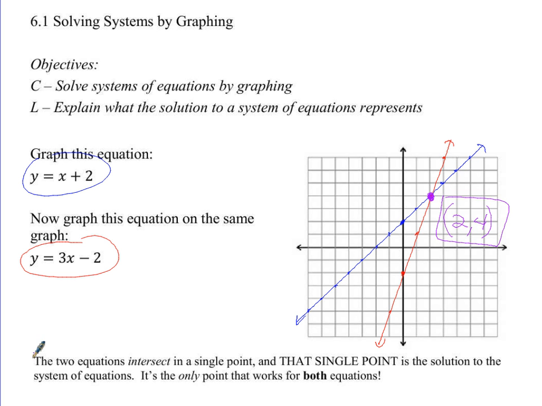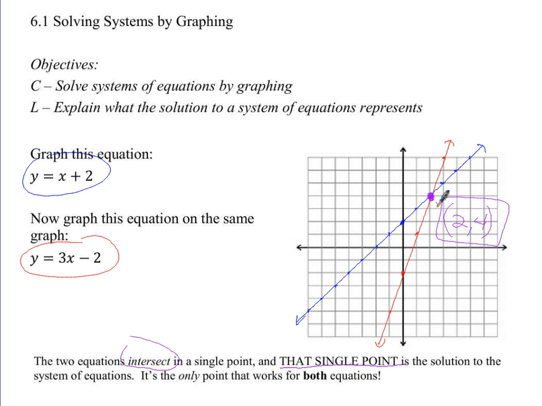At the bottom it says the two equations intersect in a single point, and that single point is the solution of the system of equations. It's the only point that works for both equations. We have an infinite number of points that work for the blue equation, and an infinite number of points that work for the red equation, but only one ordered pair works for both.